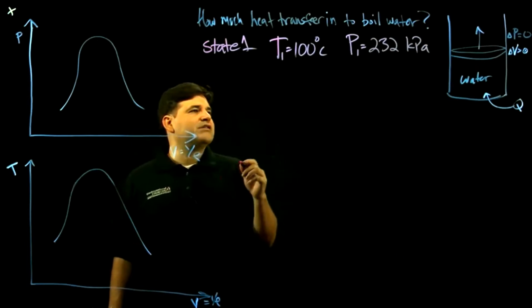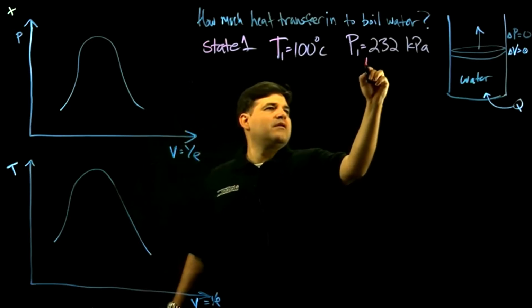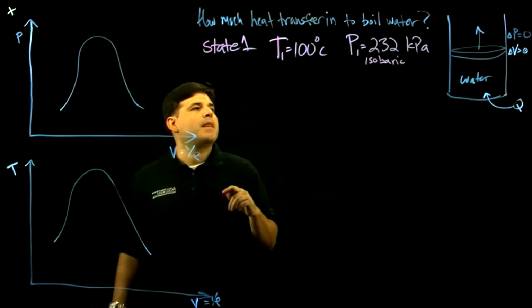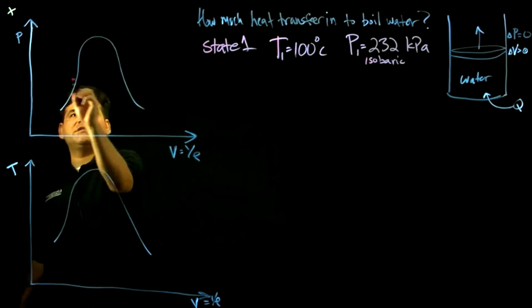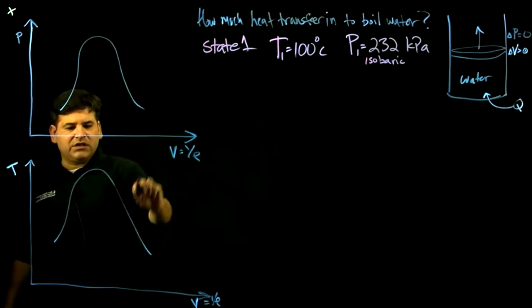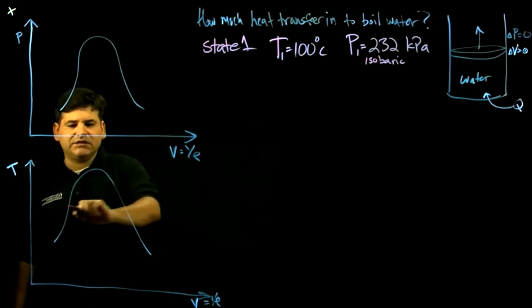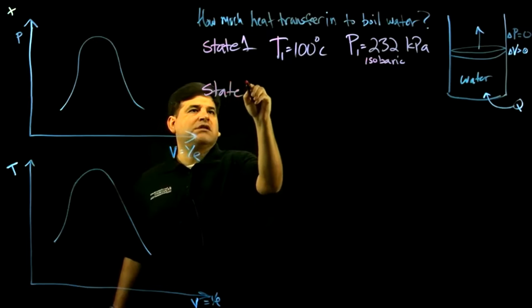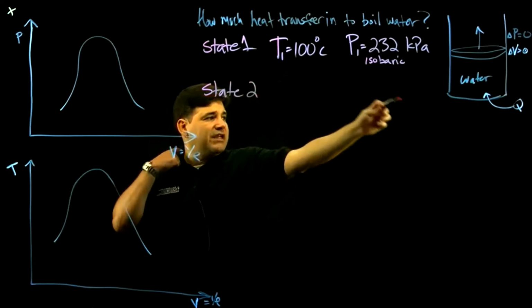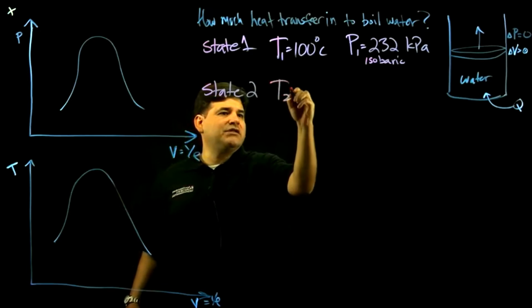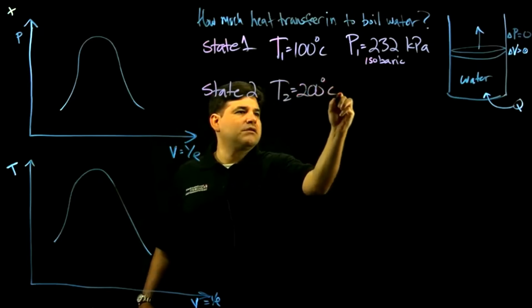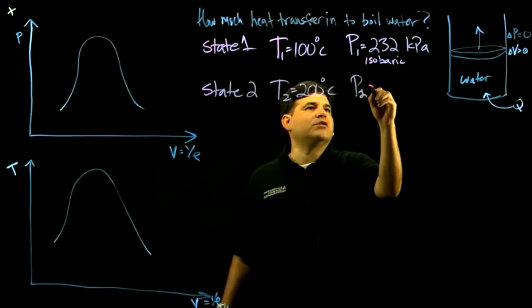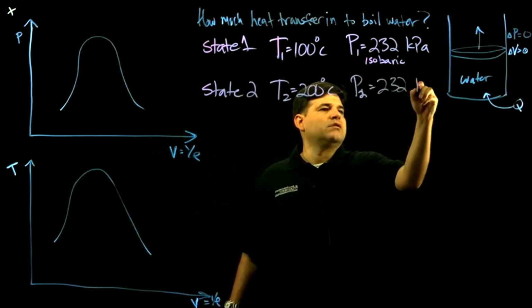Since it's an isobaric process, the pressure is going to stay the same. And if we follow these lines, the pressure is going to be the same on this temperature map as well. State 2 is going to be a hotter temperature though, because it's heat coming in. Let's say T2 is 200 Celsius, and P2 again is P1, which is 232 kilopascals.